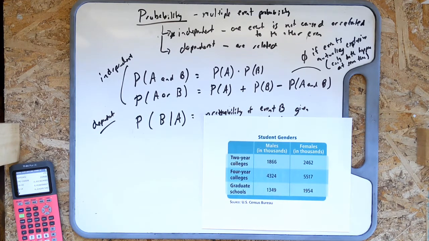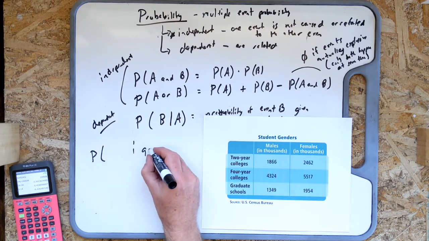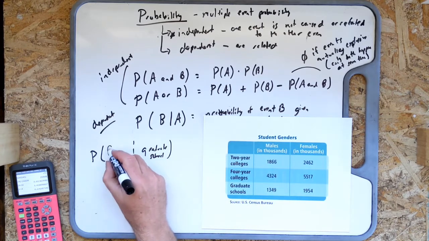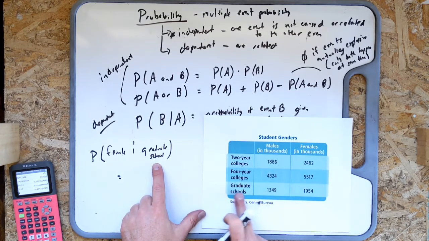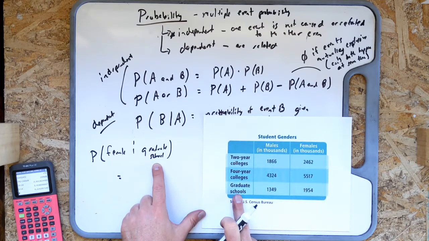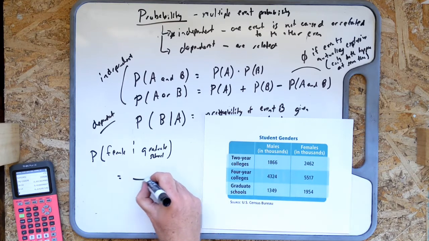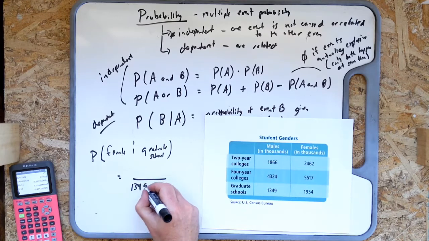So we're going to do some of these probability events again. Conditional probability. What is the probability, if you are in graduate school, that you are female? If you're talking about graduate school, you're talking about just this row only. Graduate school, 1349, 1954. So your denominator, the total number of graduate school, which I don't actually have totaled here, is just 1349 plus 1954.